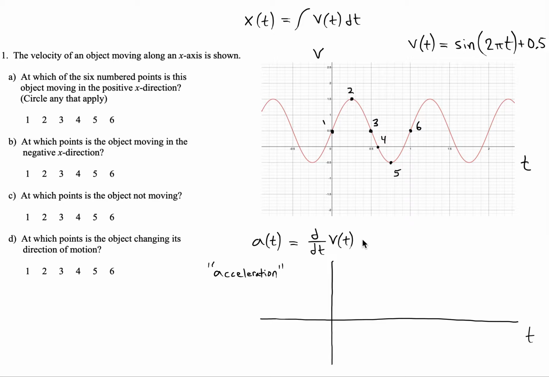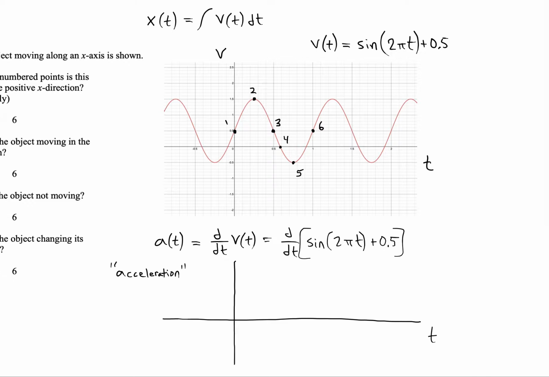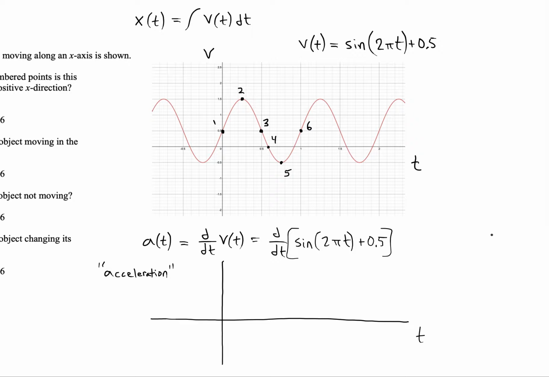So we need to find d over dt of sine of 2 pi t plus 0.5. So the derivative of sine would be cosine. You know, there's this whole cycle of sines and cosines, right?